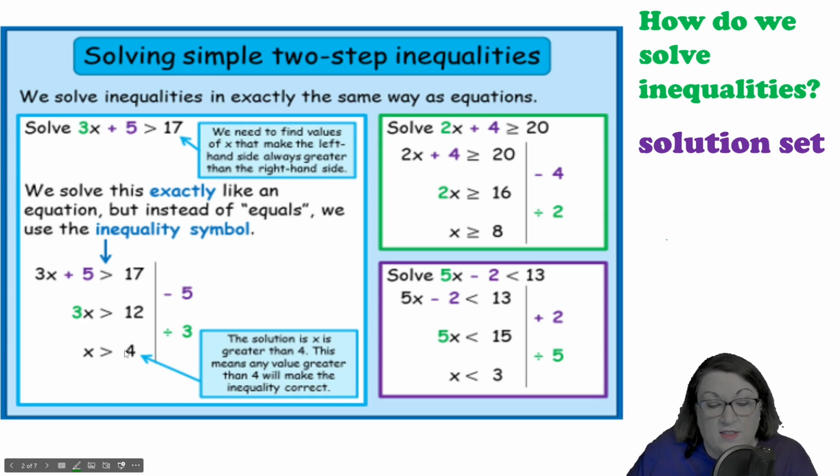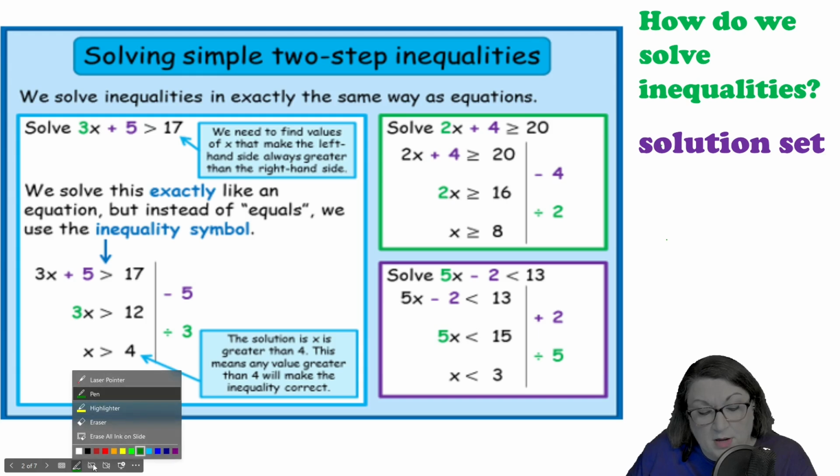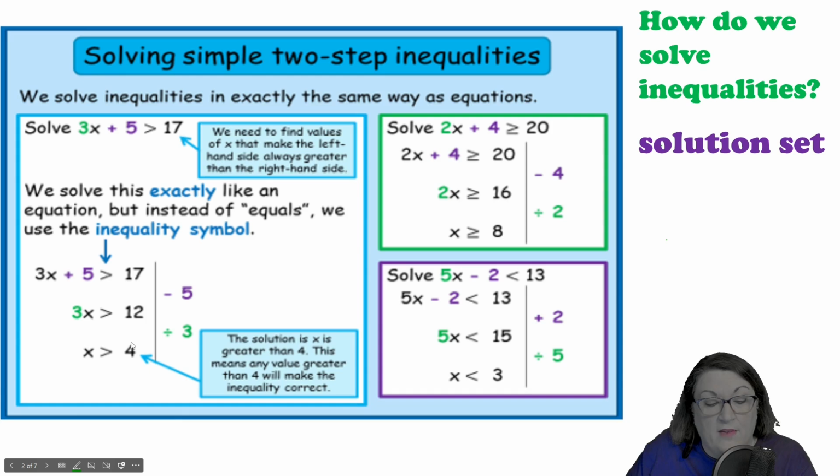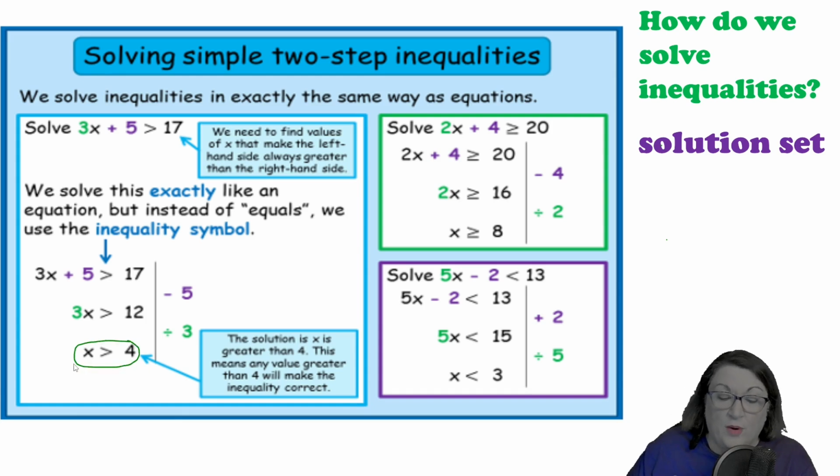So for instance, in this one here, let me get my green pen again. Here we go. In this solution here, we have x is greater than 4. So that means the value of x is every number greater than 4. Not just 5, but like 5, 6, 7, 8, 9, 10, and so forth, all the way through to infinity.